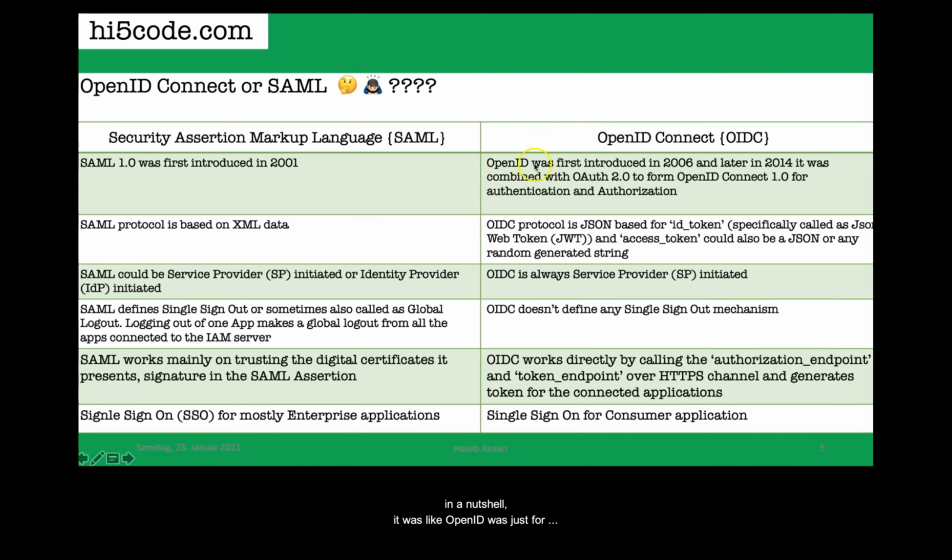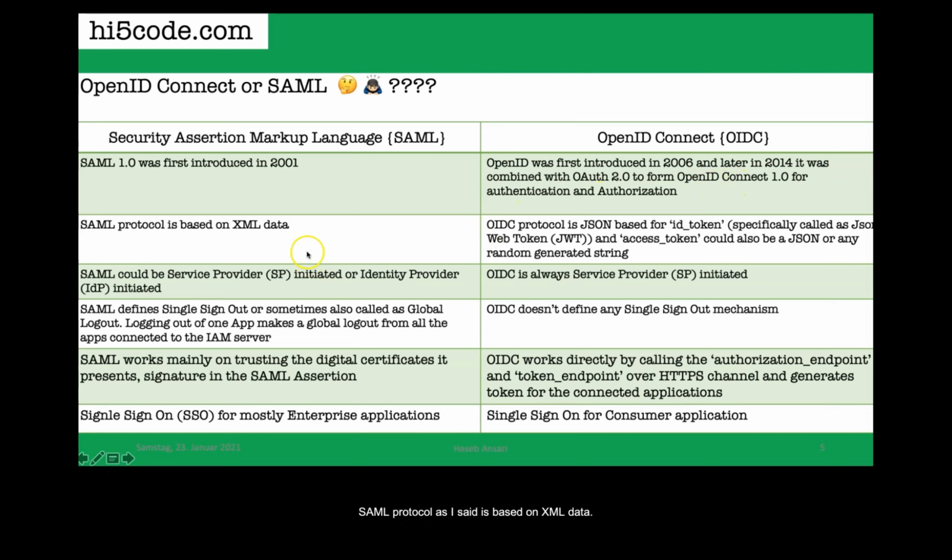In a nutshell, OpenID was just for the authentication part, and OAuth was doing the authorization, and in 2014 they combined to produce a single package that can authenticate and authorize at the same time, and hence it is now called OpenID Connect.